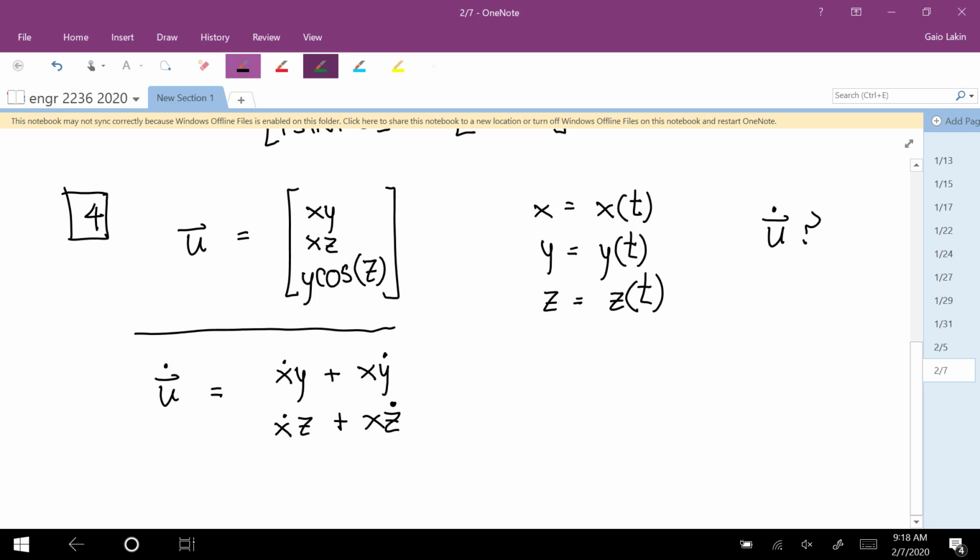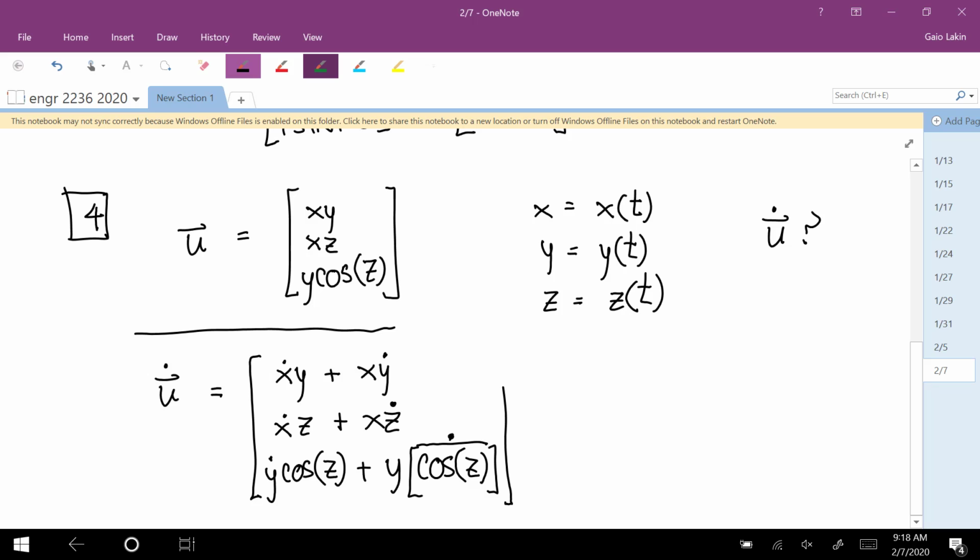And for the z component, that's y dot cosine z plus y times, let me write it like this, cosine of z dot. Okay, that's what the product rule says.